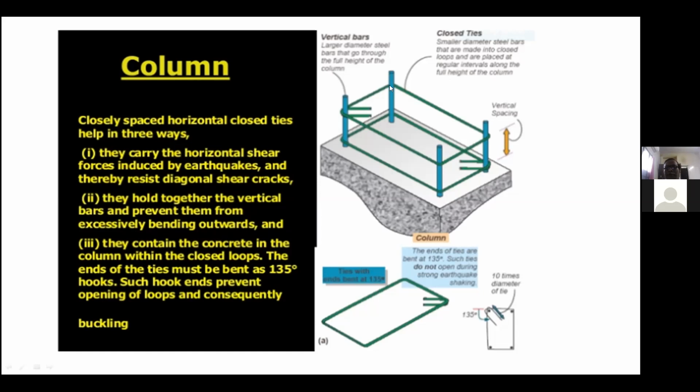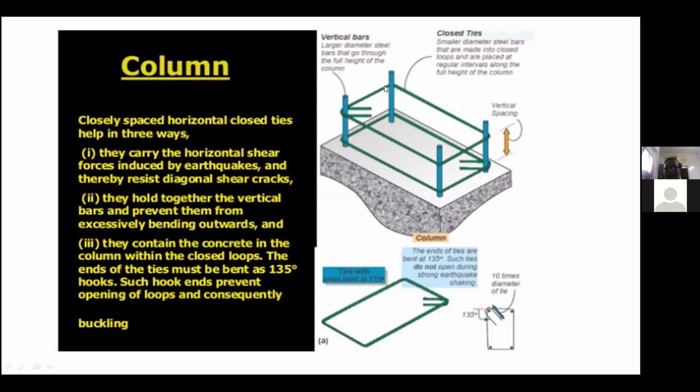Now what happens when you provide the vertical bar and you look at the top hook? Whenever the vertical bar tries to move in the horizontal direction, in this direction, whatever I am showing with my cursor, the horizontal tie will prevent the movement of this bar.